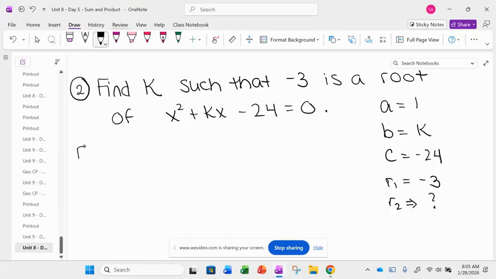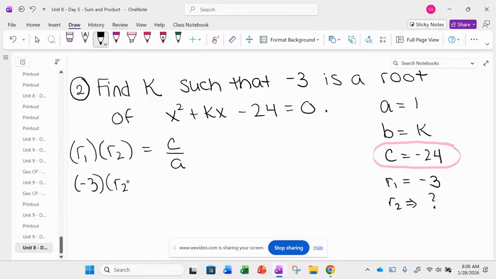Okay, so I don't know b, but I do know c. So I'm going to work with c first. I know root 1 times root 2 is equal to c over a. Well, I know root 1 is -3. Root 2 is still a question mark.